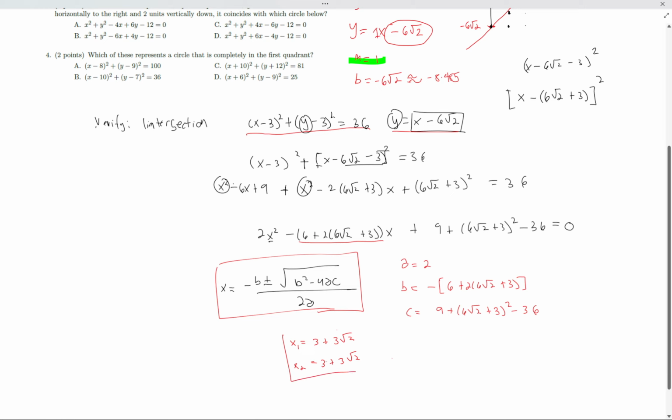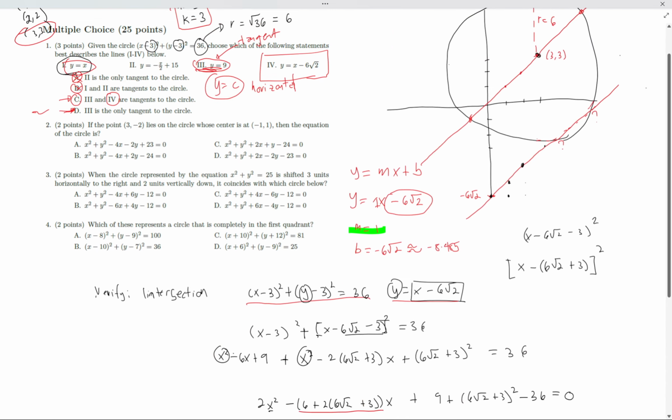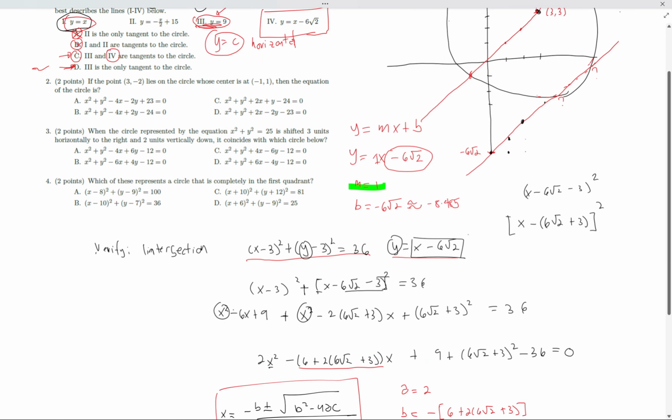Here, x1 and x2 are equal. So it means that they correspond to the same point. Notice here that if the return values for x1 and x2 were not the same, they could be those two values right here, whatever the x coordinate is here and whatever the x coordinate is here.